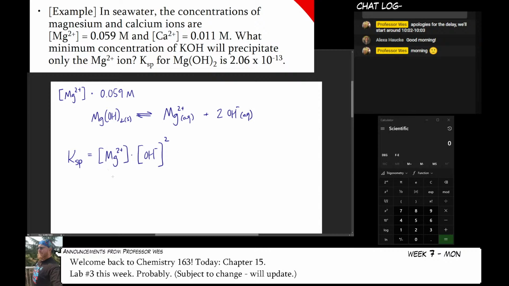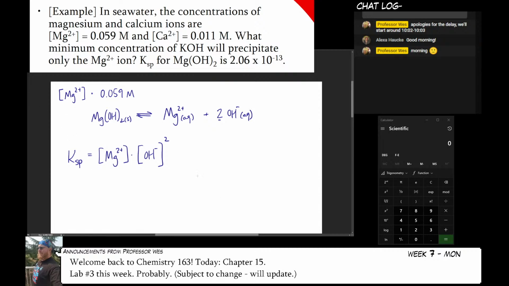You could think of this also as S and 2S. Why don't I put 2 hydroxide in here? Well, this number is already twice as big as magnesium because it dissociates into 2 ions, so that is already accounted for. But the squared term isn't, so we do have to include that, because that's part of the equilibrium expression, the law of mass action.